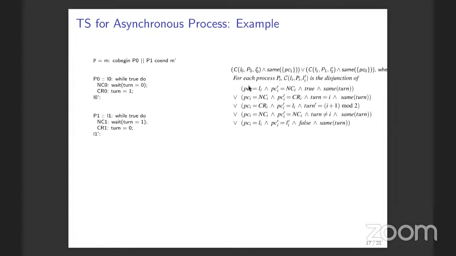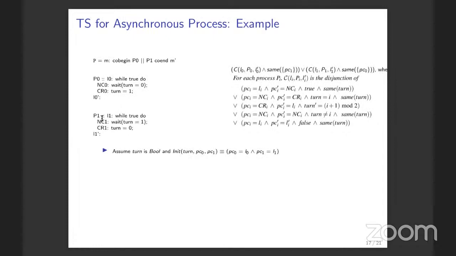After that, it is just a disjunction of all of these things, which will capture the effect of scheduling, interleaving any of the individual statements. So the cobegin itself is captured by making the location go to P0 or P1.